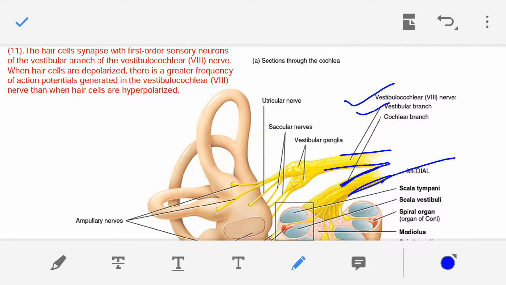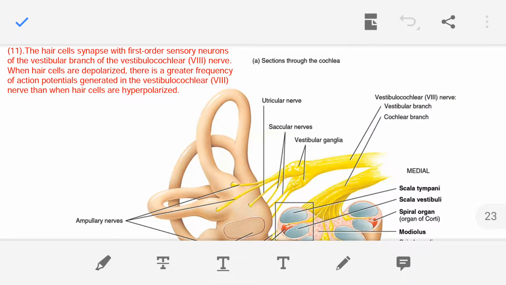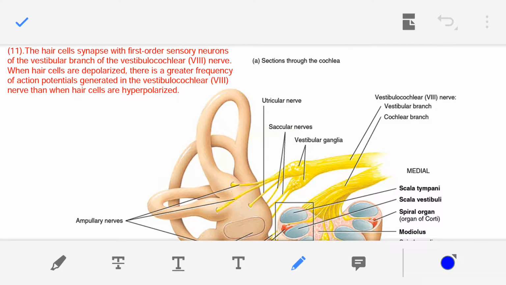These two branches merge together, and this nerve which is formed is known as the vestibulocochlear nerve, cranial nerve number 8. Here the hair cell synapses with the first order sensory neuron of the vestibular branch of the vestibulocochlear nerve. When hair cells are depolarized, there is a greater frequency of action potentials generated and more neurotransmitter is released.